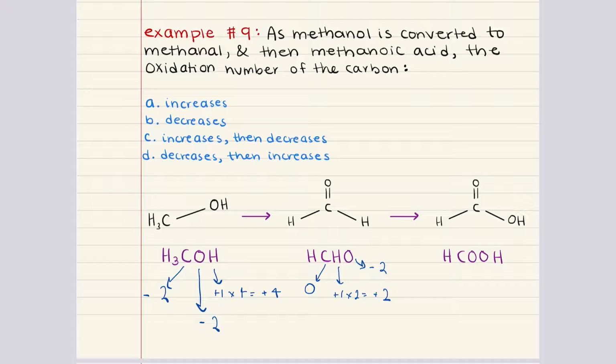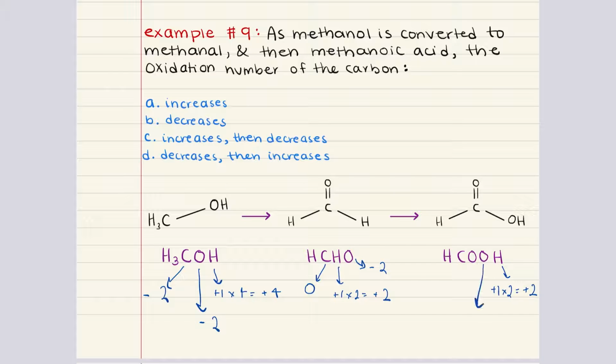Then the last compound we're going to look at is methanoic acid. Again, this is a neutral compound, so the sum of the oxidation states must add up to 0. The molecular formula here is HCOOH. The hydrogen has an oxidation state of +1, and there's 2 hydrogen atoms here, so +2 total.